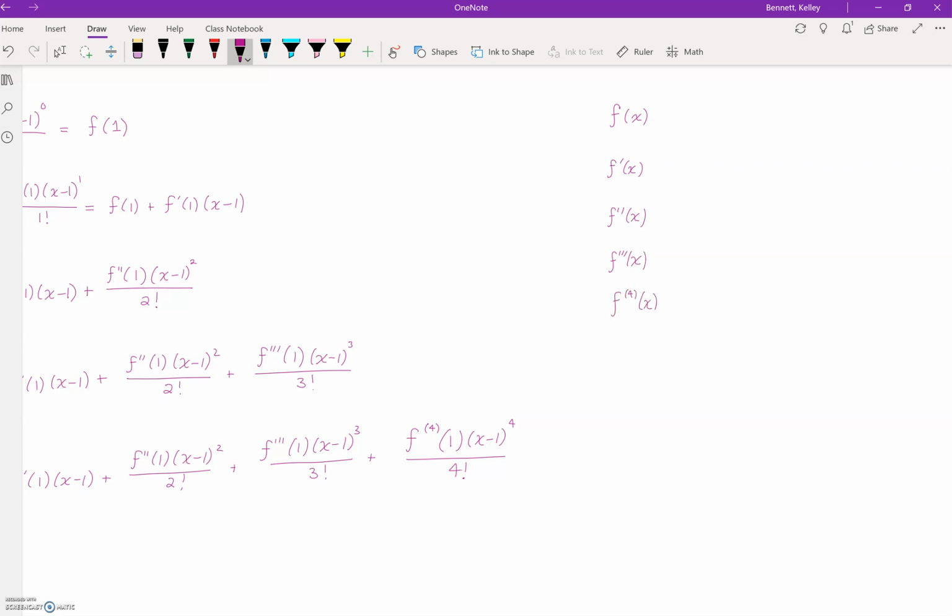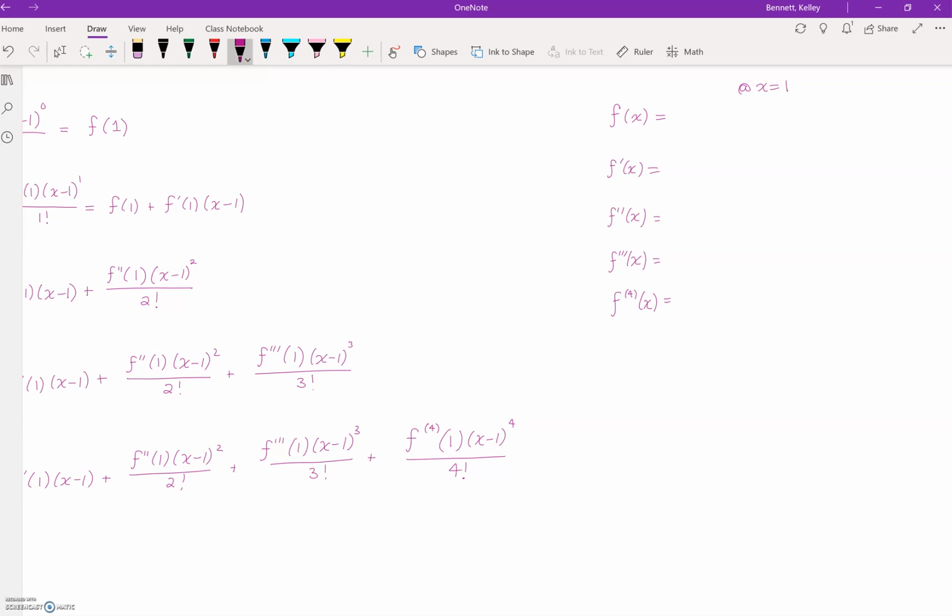And then what I need to do is I also need to evaluate it at x equals 1, that's where we are.